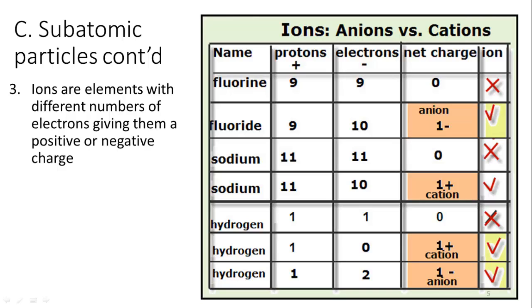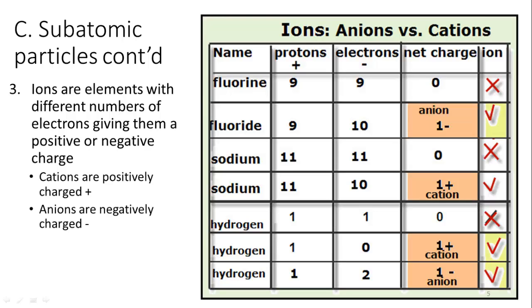Anything with a negative charge is called an anion. It can have a -2 or -3 charge and still be an anion. Finally, you have some that don't have as many electrons as protons. So sodium with 11 protons and 10 electrons has a +1 charge, and that's called a cation.